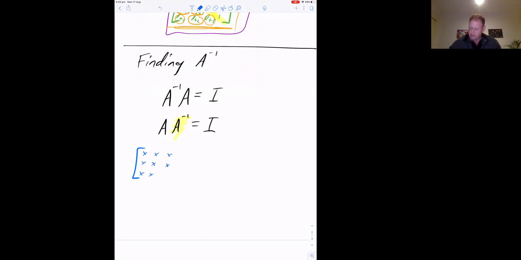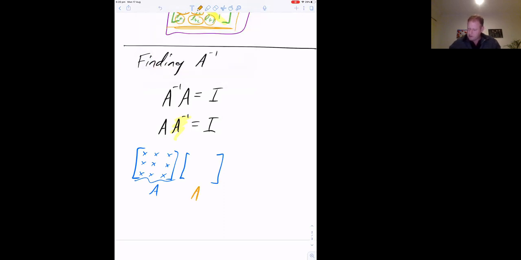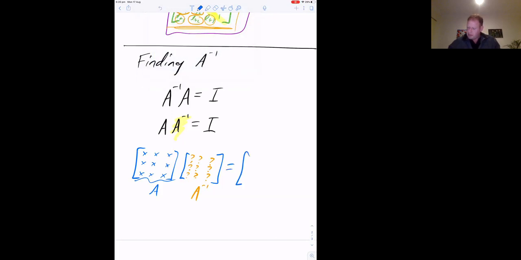They're not even entries, they just stand for the entries of the matrix A. And here we have the matrix A inverse, which we don't know, with question marks, equals 1, 0, 0, 0, 1, 0, 0, 0, 1, like that.